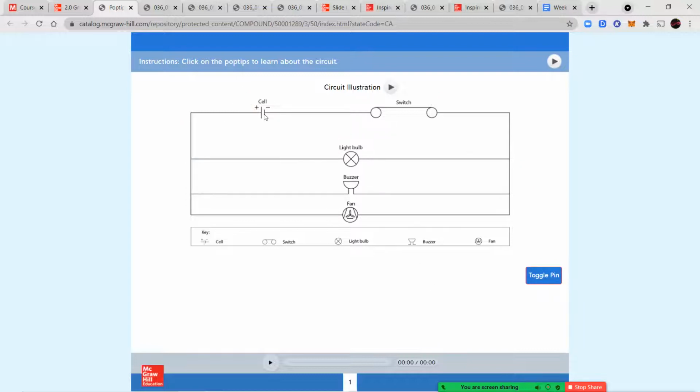Your power source here is going to continue to provide electrons flowing around and around until it runs out. The switch, so long as it's closed, will continue making all of these things work. But as soon as that switch is opened, energy is going to stop flowing through these different things.